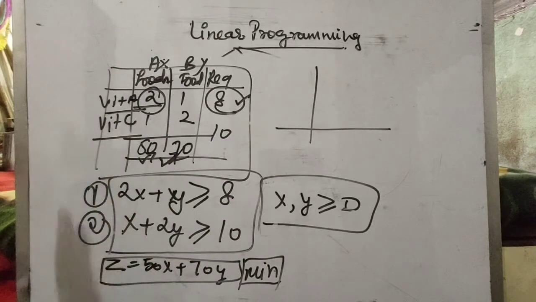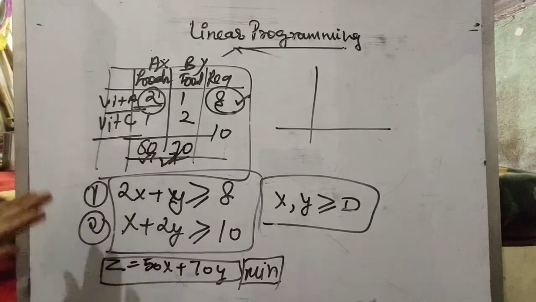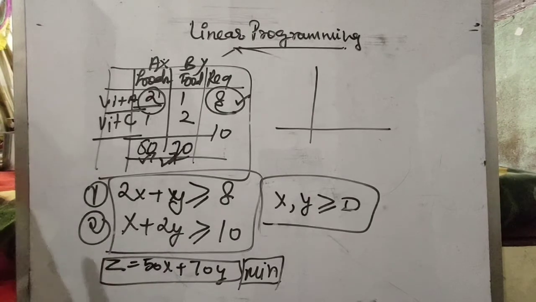So you will have a figure of ABCD, or ABCDE if there are 5 points of intersection. That depends on the question, and these questions are mostly of 6 marks. You will definitely find one 6-marker question in the exam. Linear programming is a very easy scoring topic, and the questions are very easy to score in the paper.